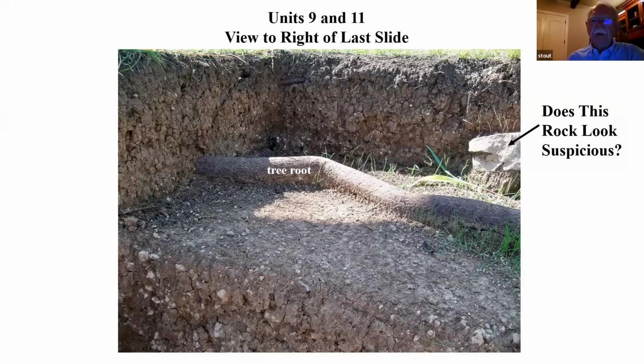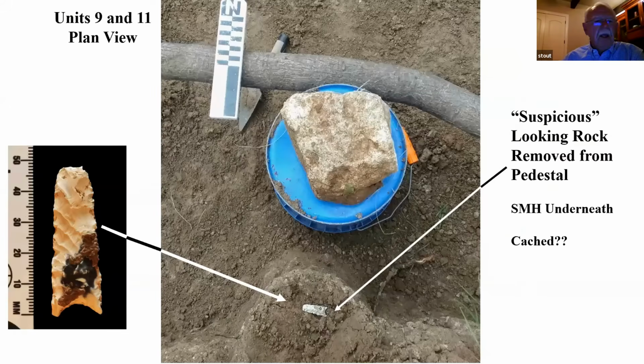So we pedestaled around it. And then at a point we decided to lift the rock and see what was under it. And that's what was under it. And that is another St. Mary's Hall. It was in direct contact with the rock. So the flint and the limestone rock were touching each other. And it was most likely cached there.